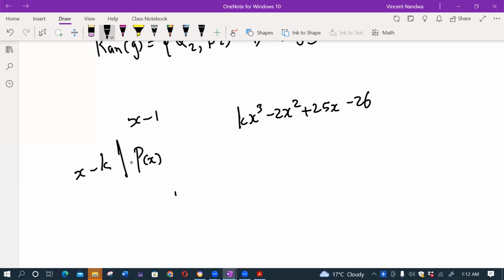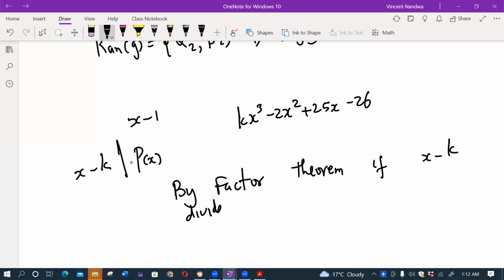So by factor theorem, if x minus k divides p of x, then p of k is equals to 0. So that's what you are going to use.